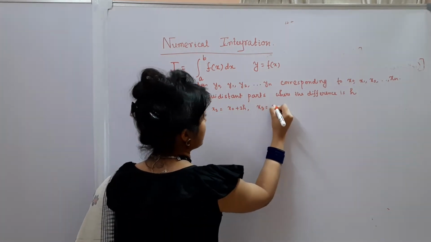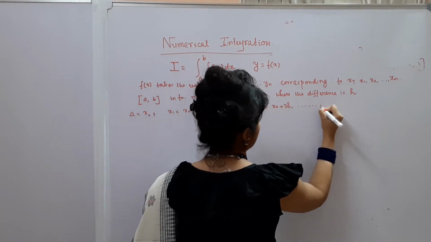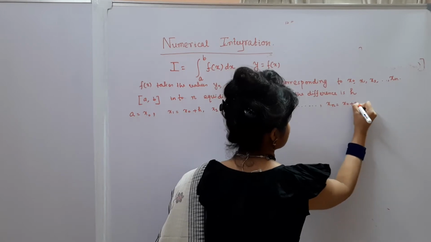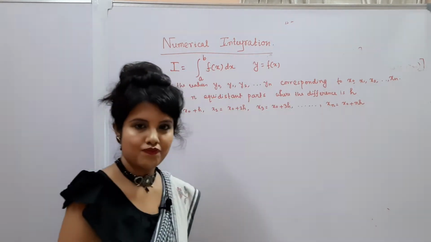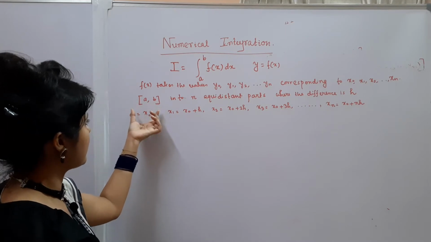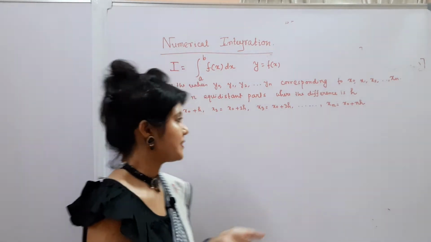Similarly x3 is equal to x0 plus 3h, and going like this you will get xn equal to x0 plus nh, okay. So that's why I have divided the interval a to b into n equidistant parts, right.